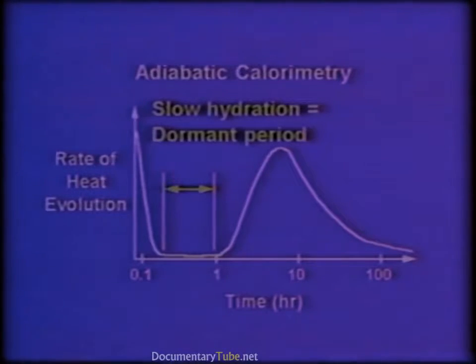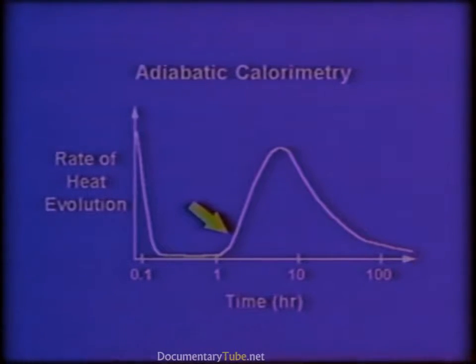This slows down the reaction for a period of several hours and is called the dormant period. The existence of the dormant period allows concrete to be transported to the construction site and placed and finished in the forms. The end of the dormant period represents the beginning of setting, at which time the cement again starts to react more rapidly with water as new hydration products are formed.